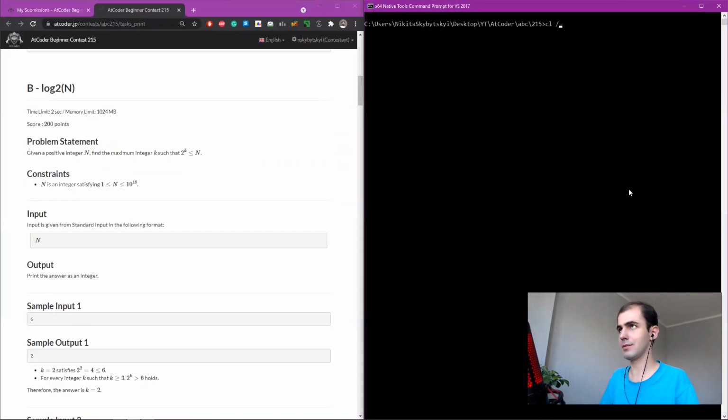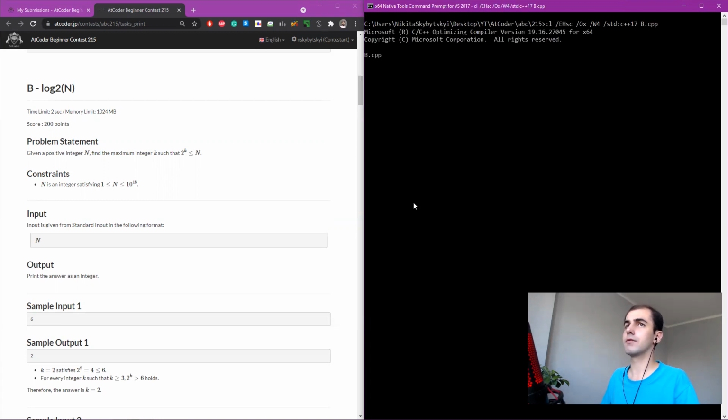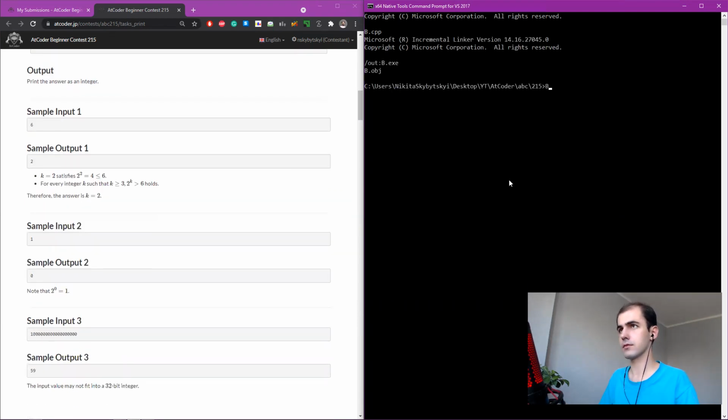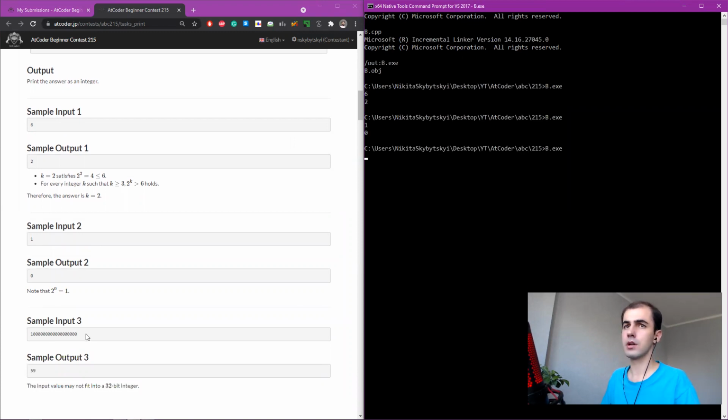This time I'm not so sure that we did everything right, so let's compile. I guess half of this is not really necessary, but we'll type the compile command fully just in case we need it later. Returns something like 6 gives 2, 1 gives 0, that big number gives 59.